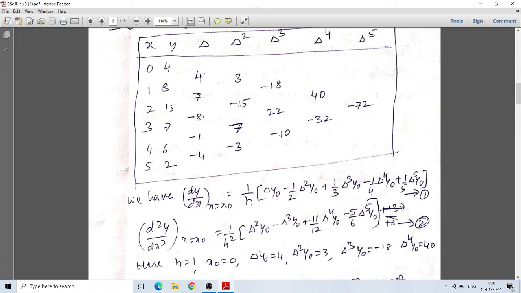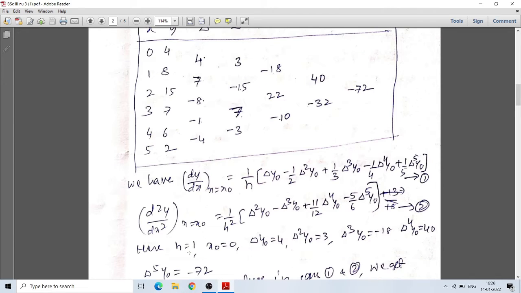The second derivative d square y by dx square at x equal to x naught is 1 by h square, delta square y naught minus delta cube y naught plus 11 by 12 delta to the power of 4 y naught minus 5 by 6 delta to the power of 5 y naught.